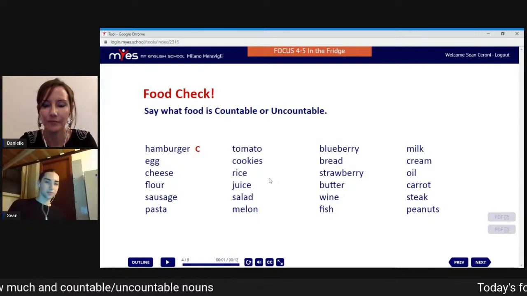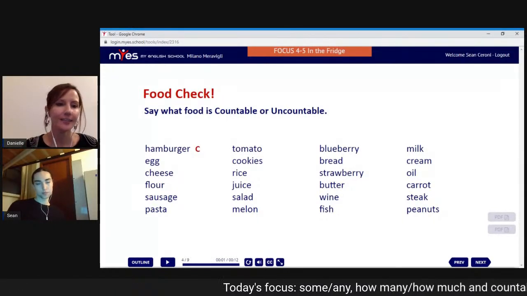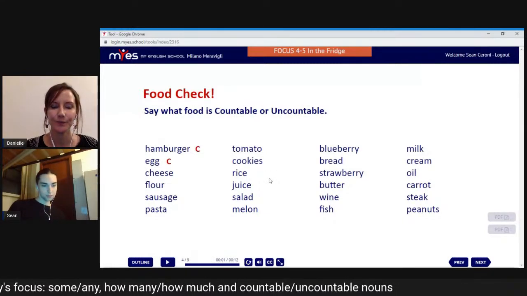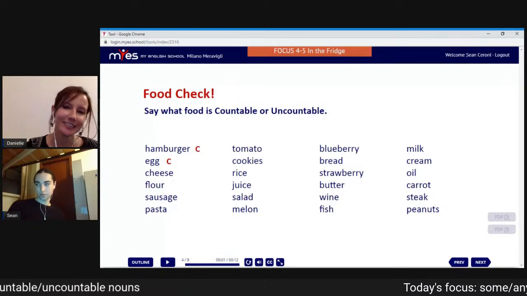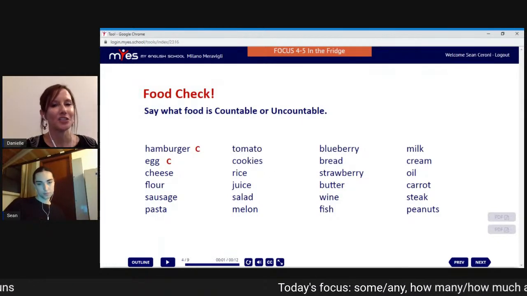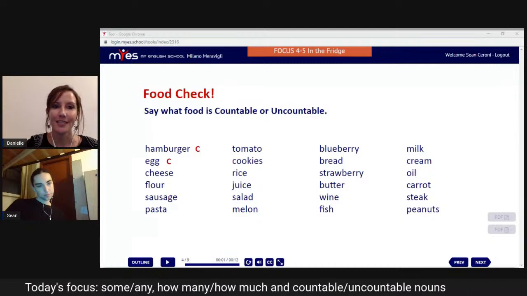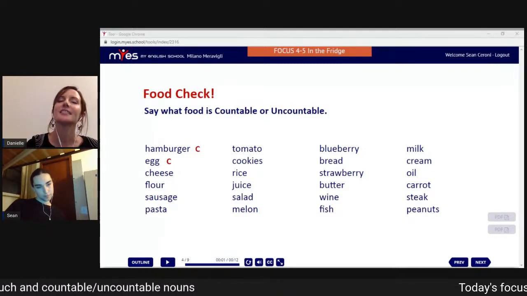C for countable. Egg, again, one egg, two eggs. So it's countable. Cheese, now, this is a bit different. Cheese, we talk about generally. So you talk about the cheese, but you don't say cheeses.